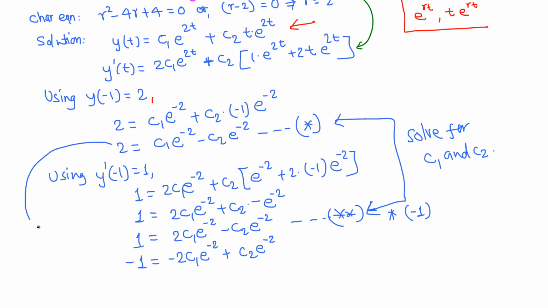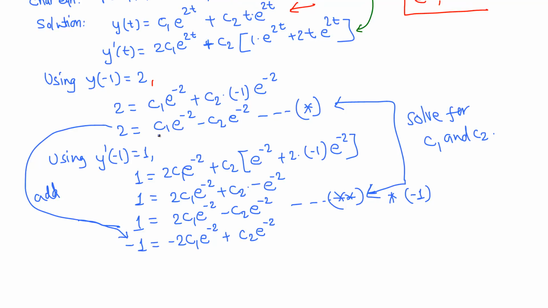Now we're going to add these two, the first one with the modified one. When we add, we get 2 plus -1 is just 1, the c2 terms give 0, and c1 e to the -2 minus 2c1 e to the -2 gives minus c1 e raised to -2.